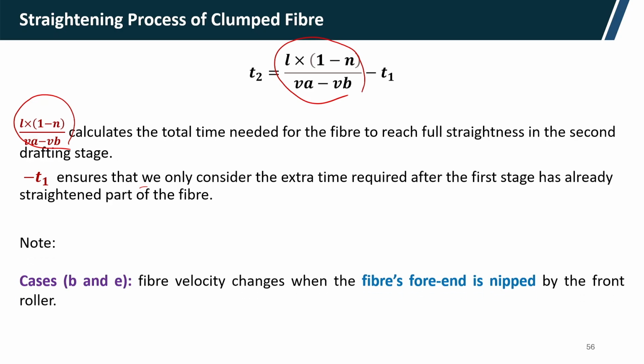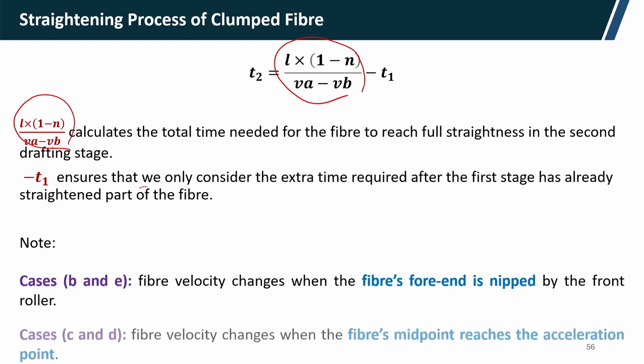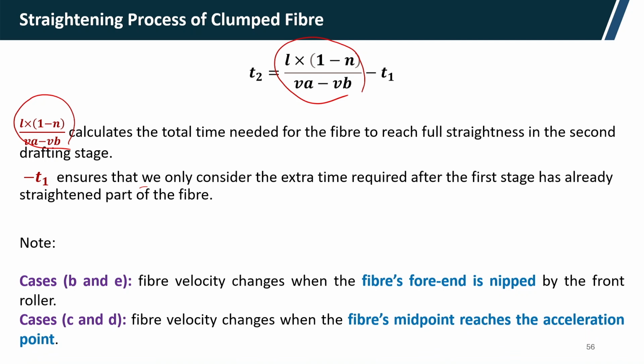So, in cases B and E, the fiber velocity changes when the fiber's fore end is nipped by the front roller, and in cases C and D, the fiber velocity changes when the fiber's midpoint reaches the accelerating point.